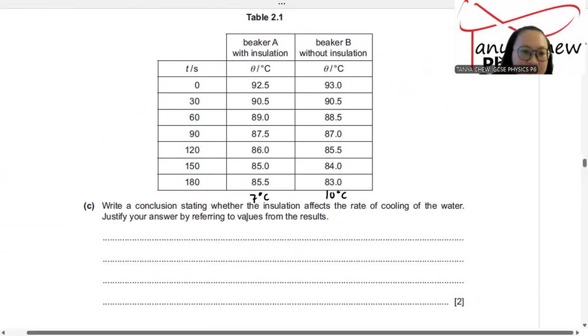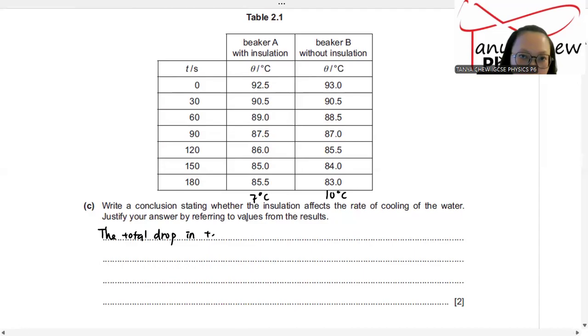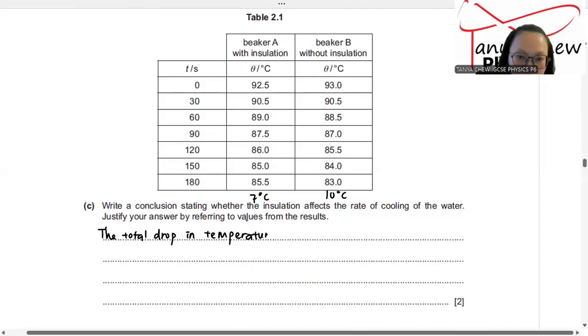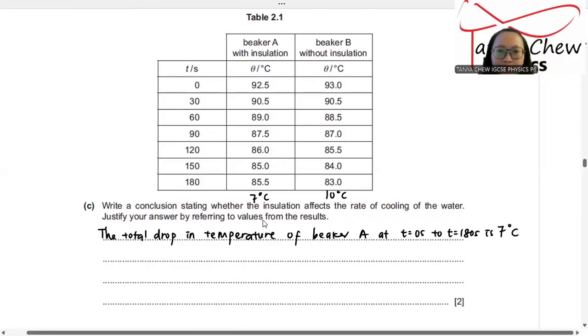So I would say that the total drop in temperature of beaker A at t equal to 0 second to t equal to 180 second is 7 degrees Celsius.